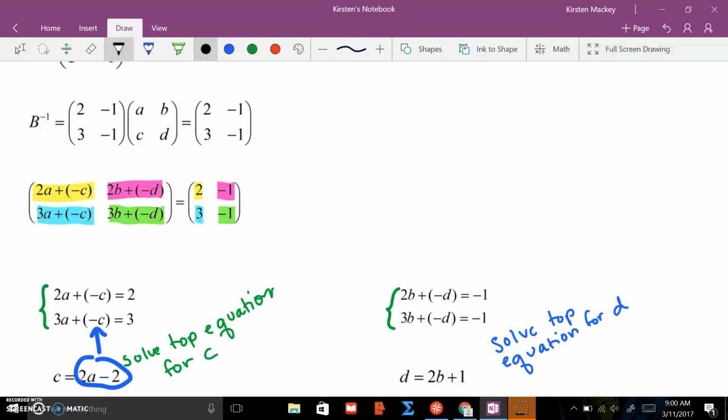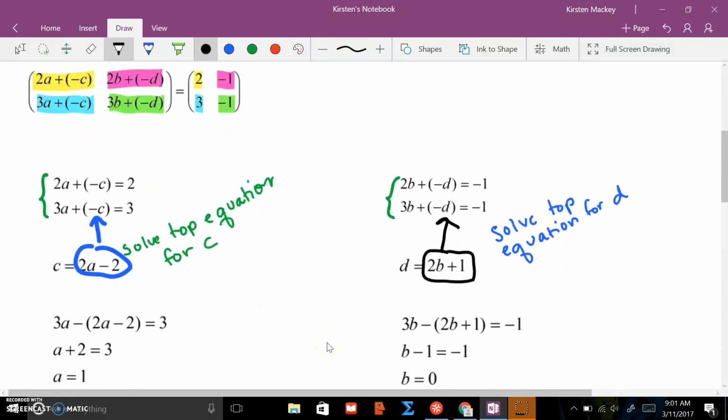So we're going to do the same thing over here. I have this value of D. I'm going to substitute it in for D in this bottom equation because I solved the top equation for D. So substitute it into the bottom equation. We get a one variable equation and I can solve for the value of B. I'm going to do this together.